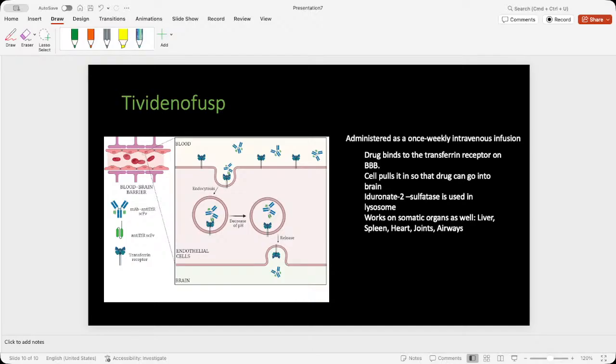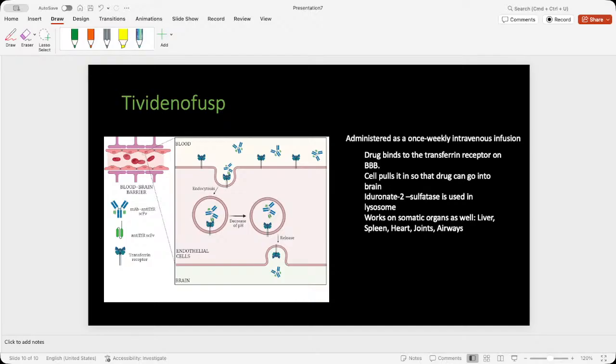It's designed to target the receptors on the blood-brain barrier, which are the transferrin receptors, on the endothelial cells, which actually separate the brain from the blood. It's going to pull it inside the brain.